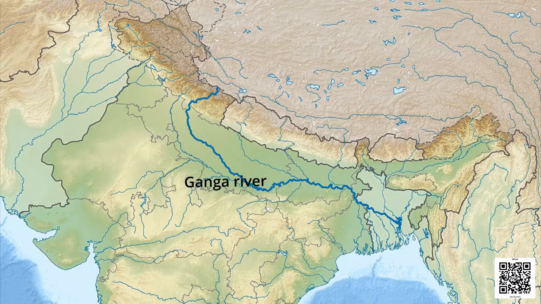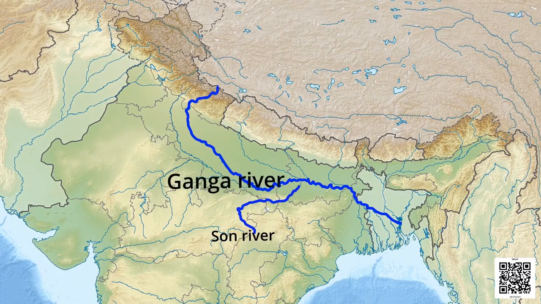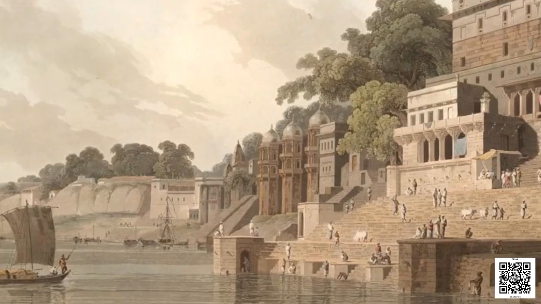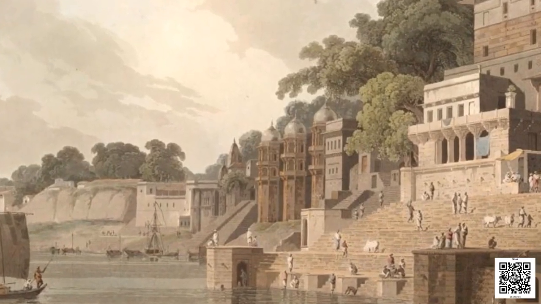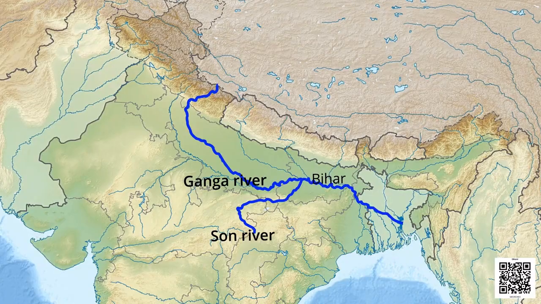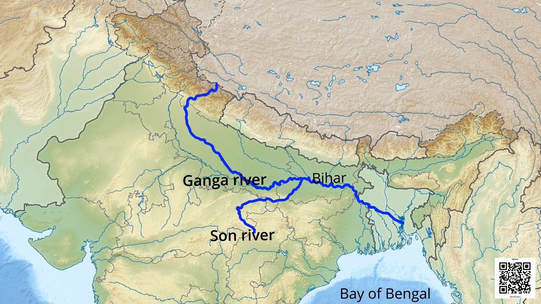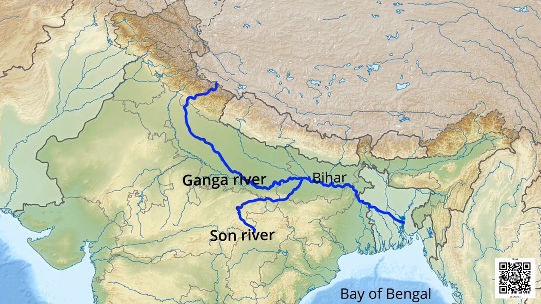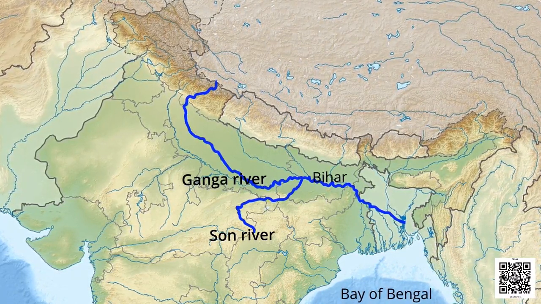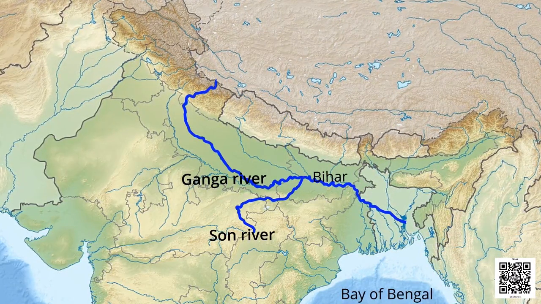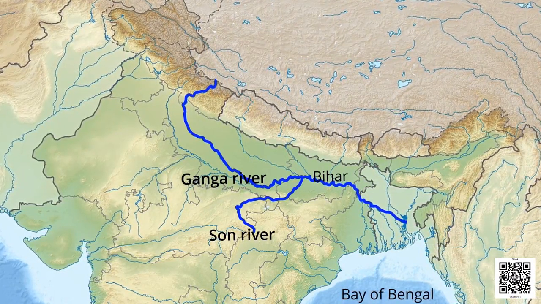In ancient times, the area along the Ganga and its tributary rivers to the south of Ganga was known as Magadha, which is now lying in the state of Bihar. Men and women moved in search of livelihood and also to escape from natural disasters like floods or droughts.